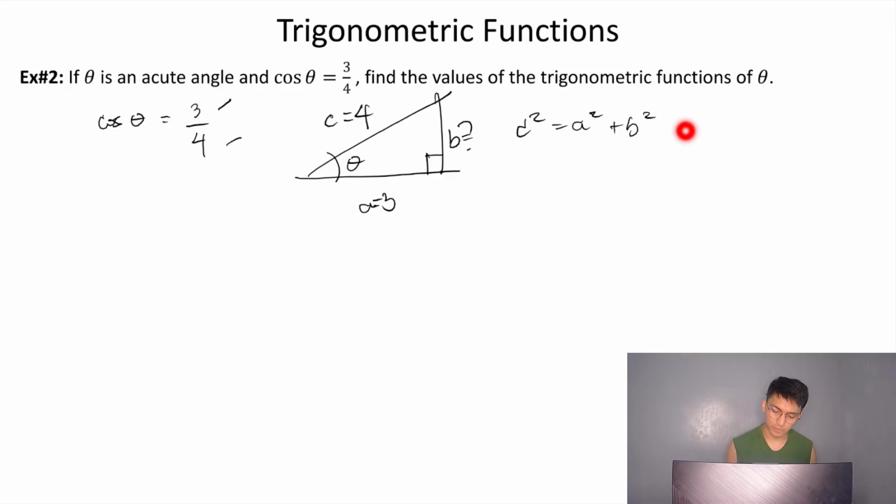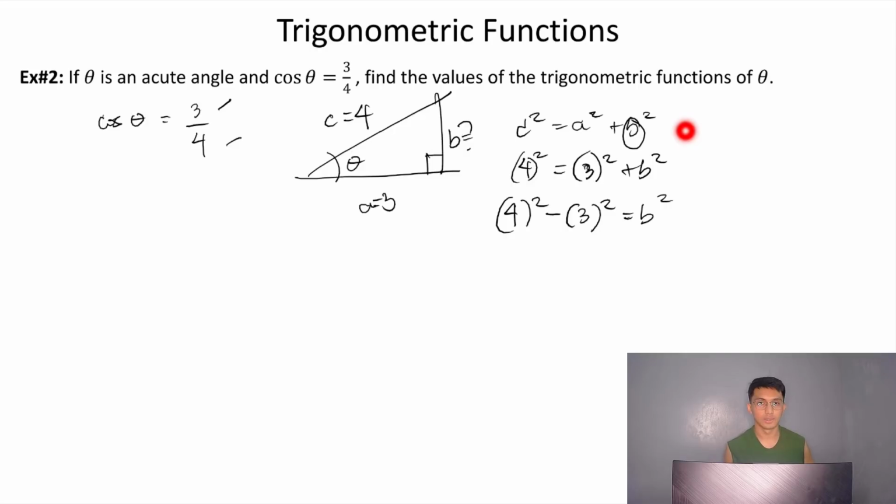Now, solving for B, we have C square, 4 square is equal to 3 square plus B square. Solving for B only, lipat natin sa kabila itong 3 square. We have 4 square minus, magiging negative, nilipat sa kabila with transposition method, 3 square is equal to B square.